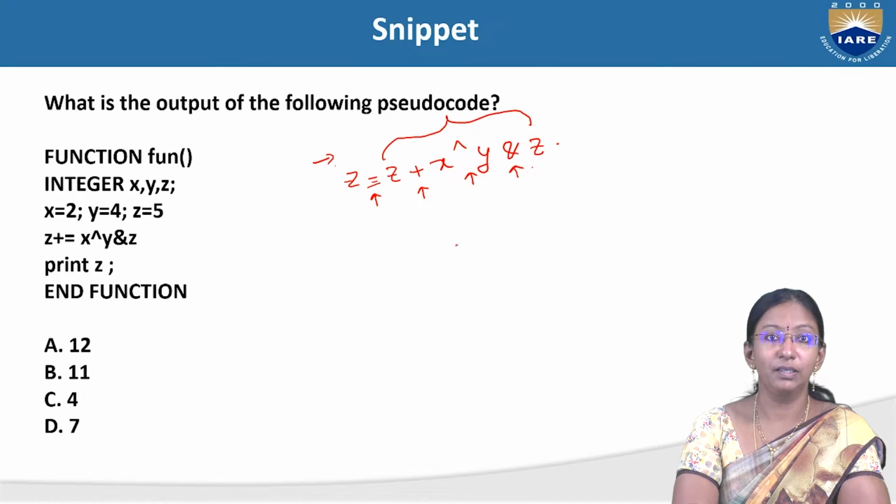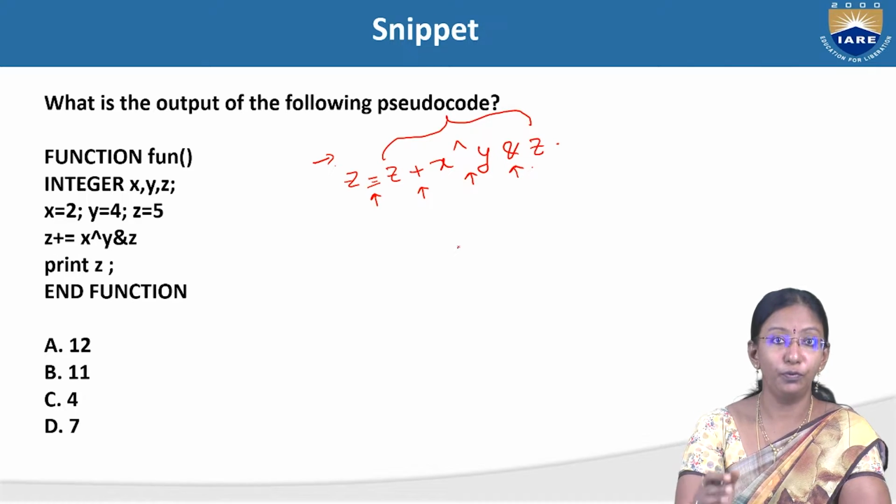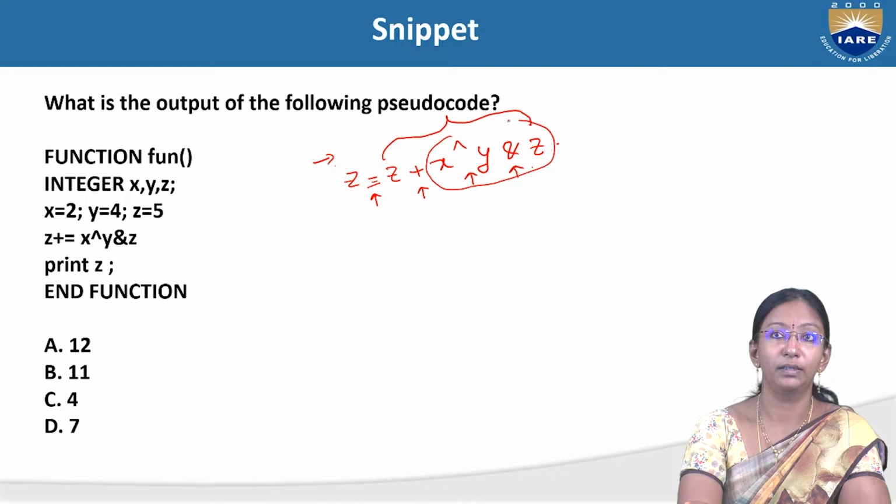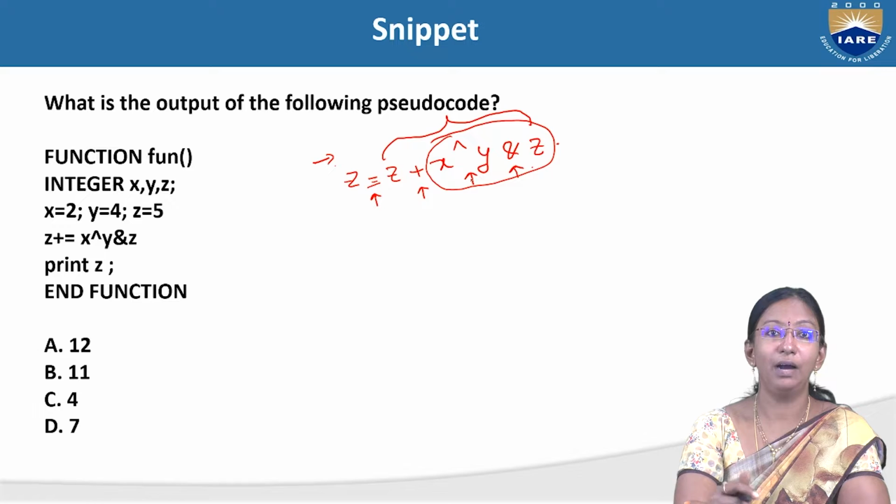We have plus, XOR and bitwise and in our hands, right? Out of these three, which one will get the highest priority? If you recollect the operators in your mind, the bitwise operators have higher priority when compared to addition, right?